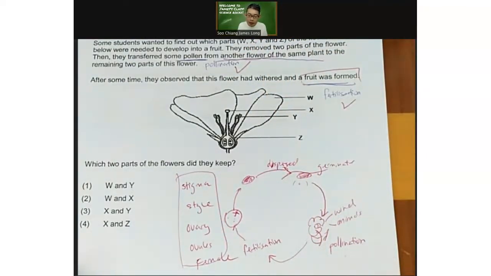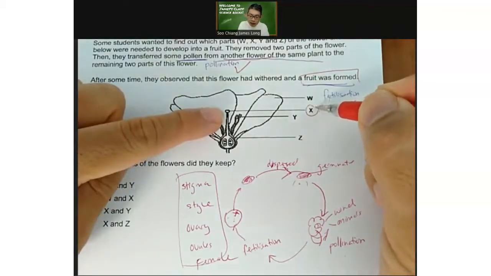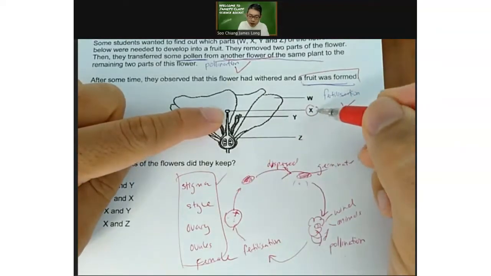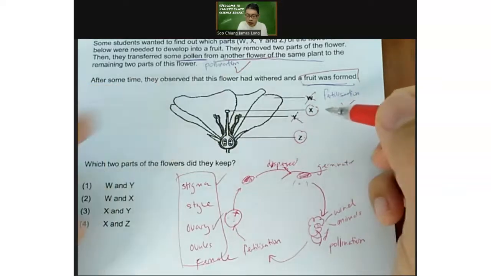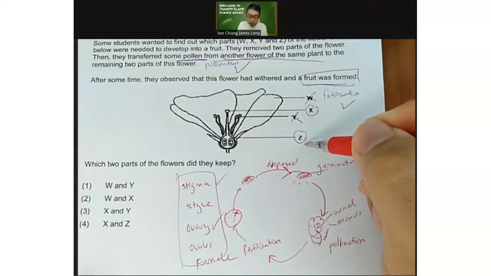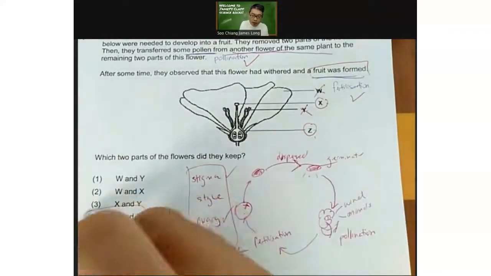So the parts that must be kept are X, the stigma, and Z, the ovary. Do I need the petals? No need. Do I need the anther of this flower? No need. So it's X and Z. Alright, so answer for question 3 is 4.